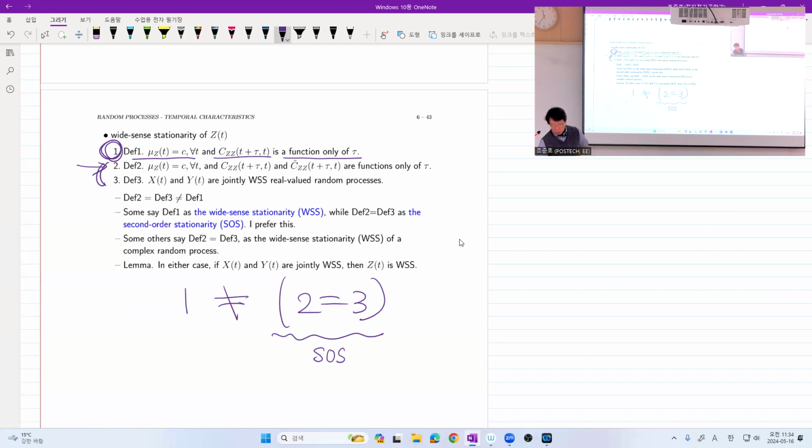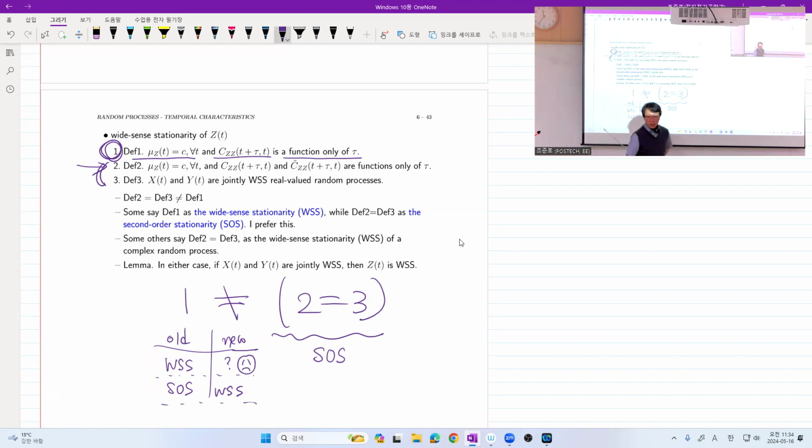So some old people say Y sense stationarity and second order stationarity. But these days, we just say this is Y sense stationarity and this is, well, a strange definition. Got it? Because the complementary autocorrelation can have any arbitrary property. Not any, but very strange property. Got it?